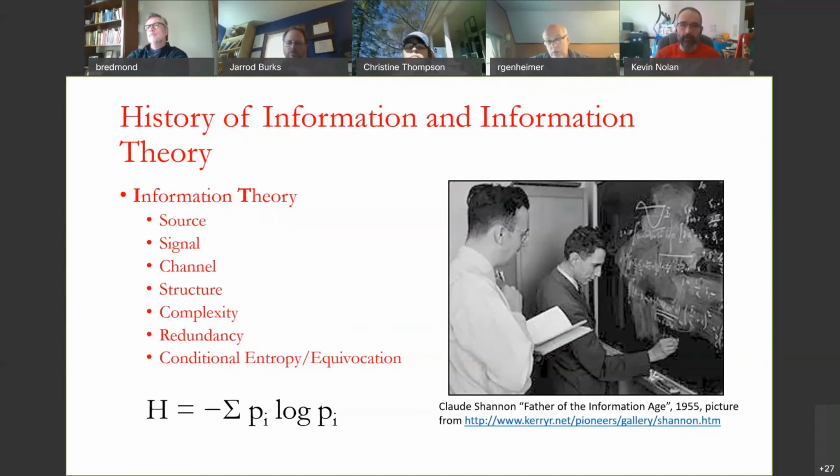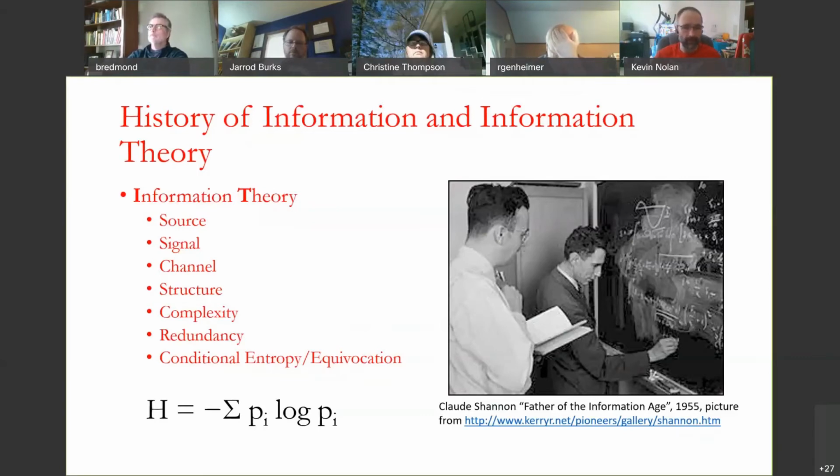And that structure can be complex or it can be simple. It can have some redundancy. All signals and all sources are going to have some level of redundancy, and it is part of the error checking code in terms of communication, ensuring that your message gets through and is understood.